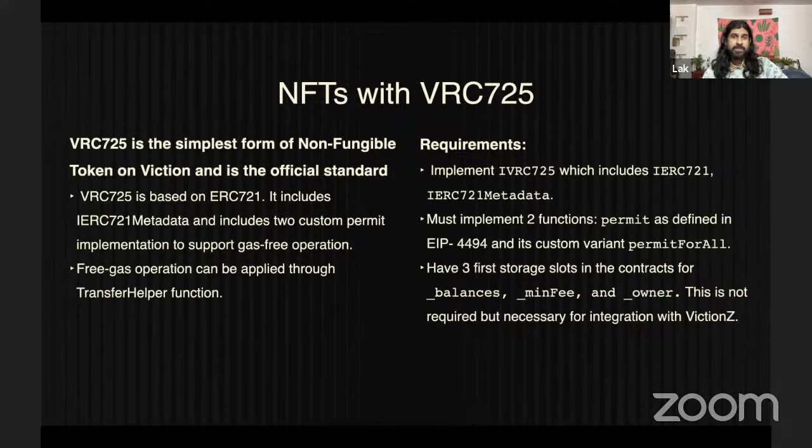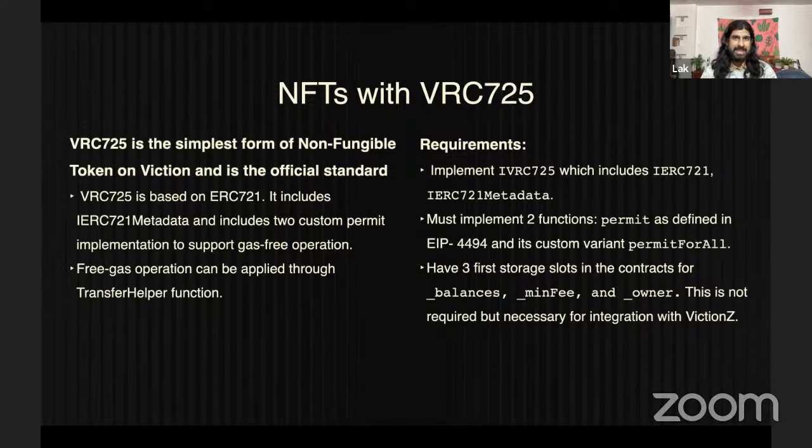So VRC725 supports those gas-free transactions. There are some slight differences between gas-free transactions for our NFT standard and the VRC25 token standard. VRC725 can work with the Viction Z protocol, though it has some limitations, or we can use it without Viction Z as well, and it uses a slightly different method.